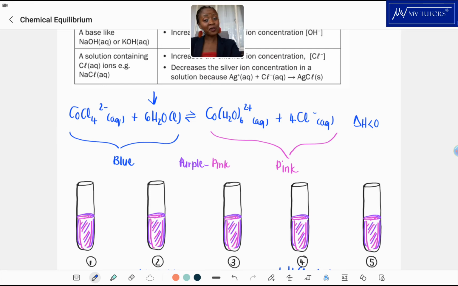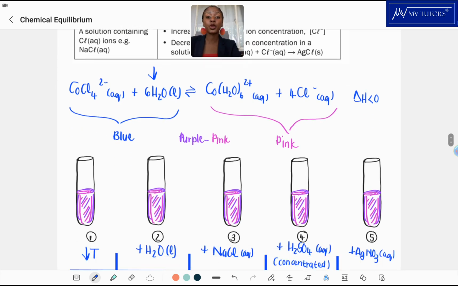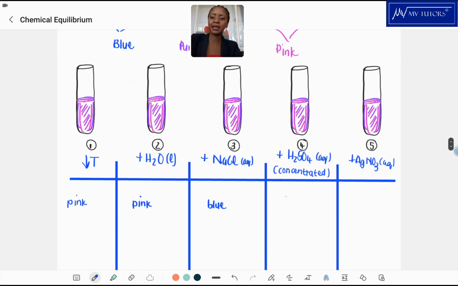If you take away, the system adds to it to compensate. So it will be reactant favored, or reverse favored. So it will turn blue. I hope all of this is making sense.